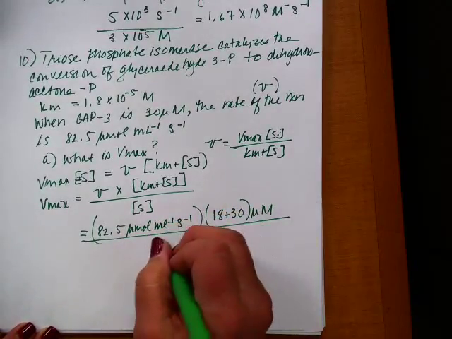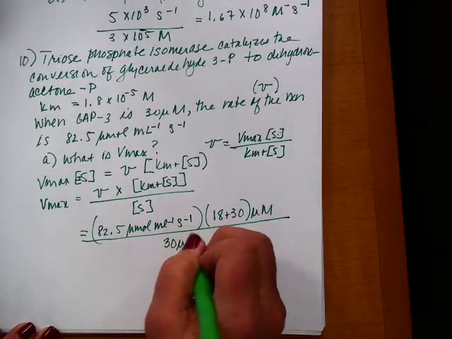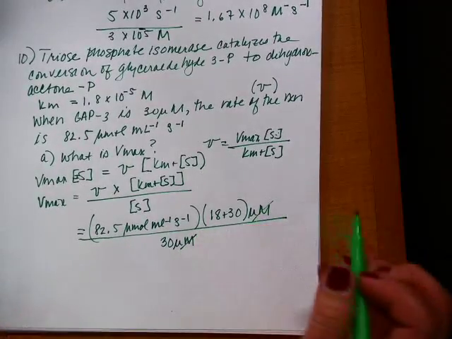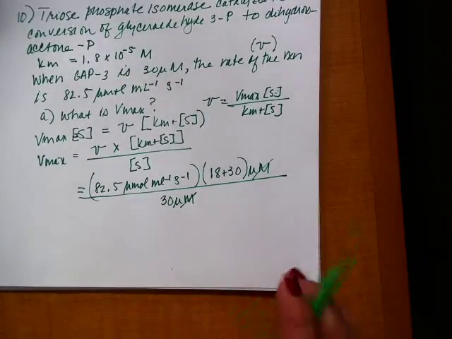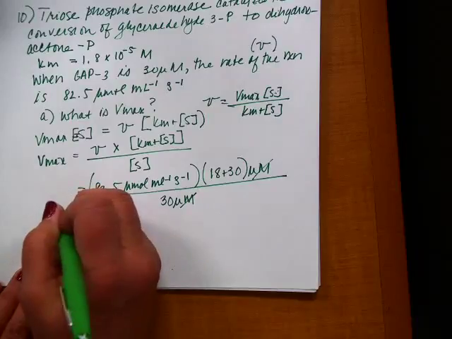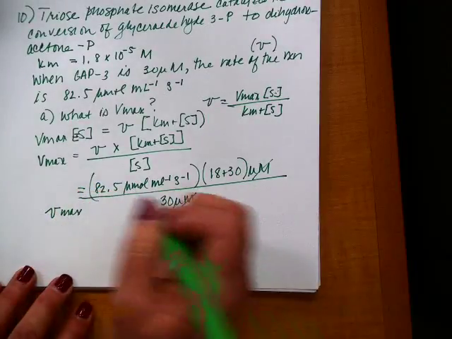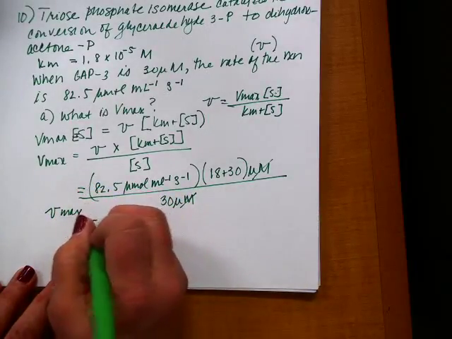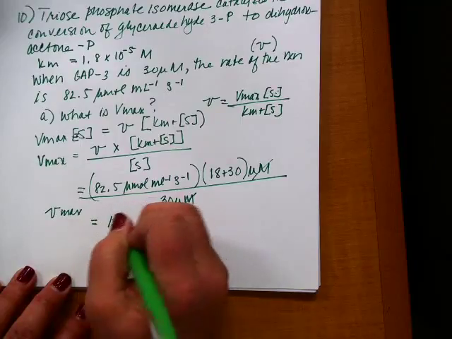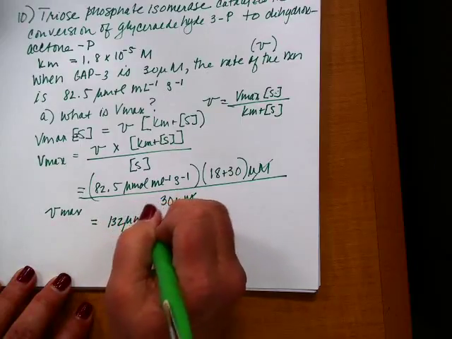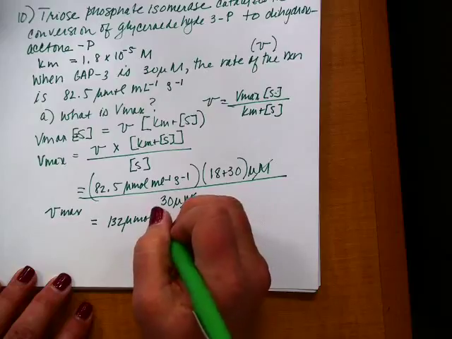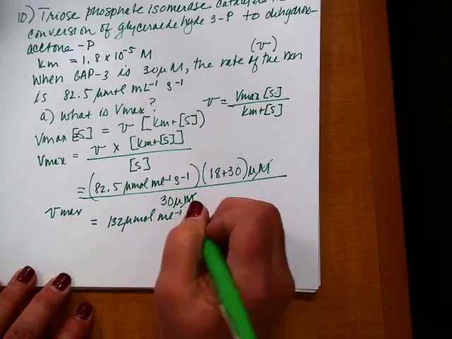Substrate concentration is 30 micromoles, so micromoles are going to cancel here. And our Vmax equals 132 micromoles mil to the minus 1 s to the minus 1.